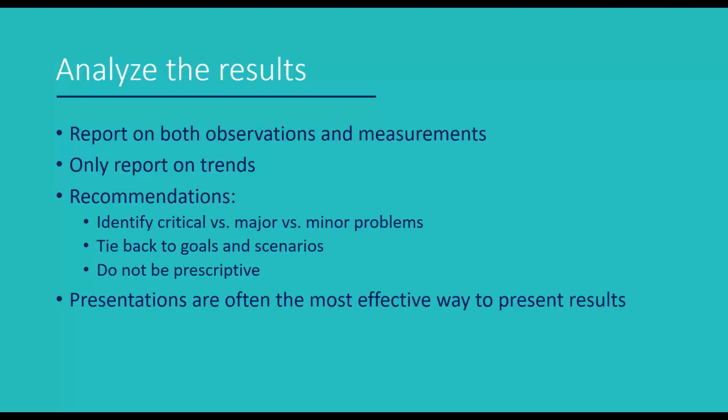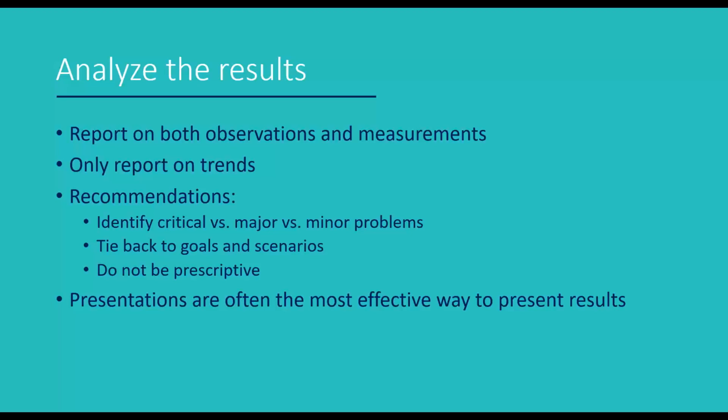Your recommendations should also tie back to the goals and the scenarios. And then make sure you're not being prescriptive. Especially if you, as the technical writer, are the one conducting the usability test and analyzing the results, you want to make sure you're pointing out the problem and pointing out a non-prescriptive way of fixing it.